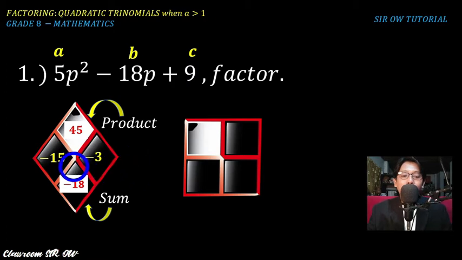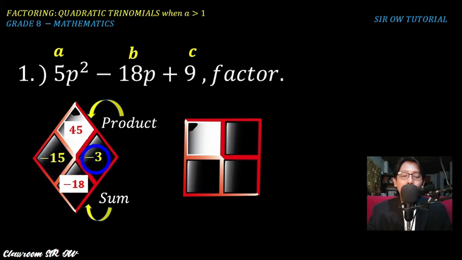Now, negative 15 plus negative 3, they are of like sign, so we will add them and copy the common sign. So negative 15 plus negative 3 is negative 18. So we have identified the two integers, negative 15 and negative 3.